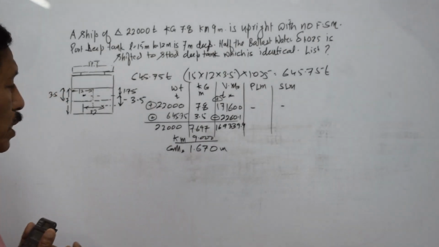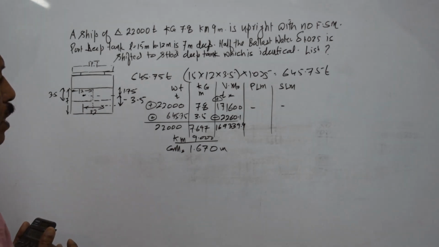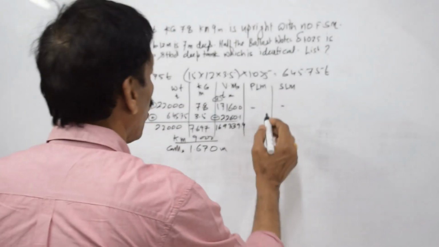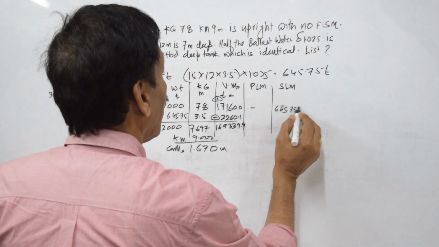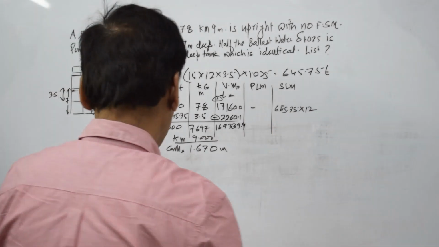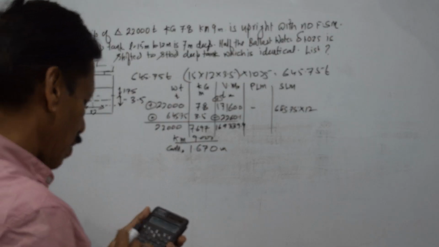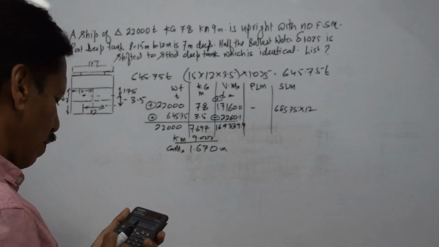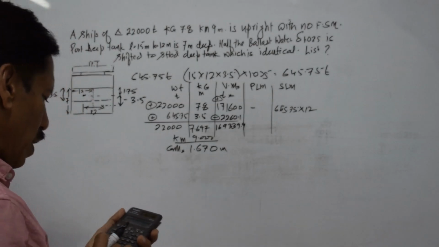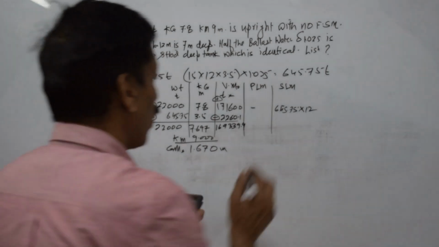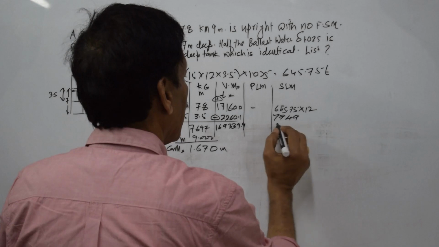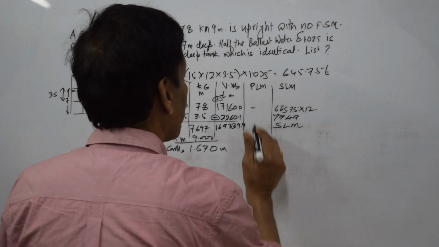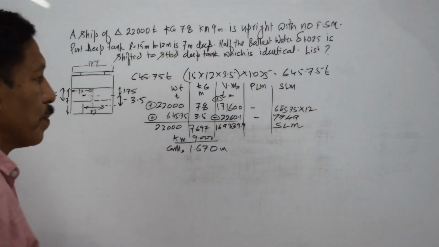It is going to cause a starboard listing moment, which is 645.75 multiplied by 12. 645.75 into 12 gives me 7749. 7749 is the starboard listing moment.